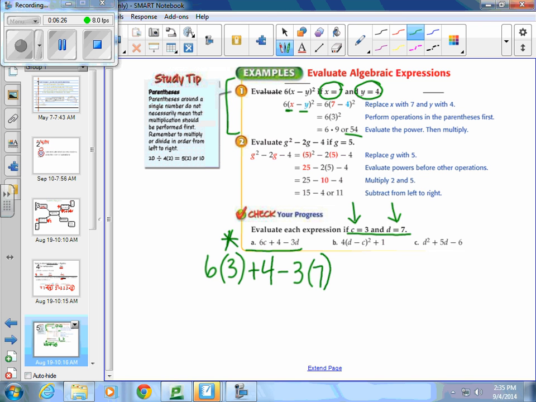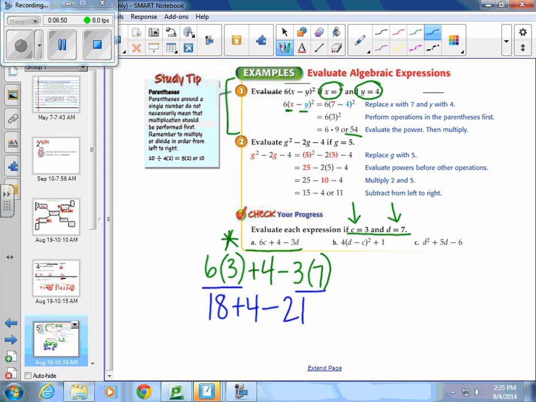Now I'm going to solve my equation. So I know that I do multiplication first. This is where it's a little confusing, because even though it's parentheses, this is still multiplication. So I have 18 plus 4, bring down my subtraction, and then I'm going to do 3 times 7, which is 21. Okay?